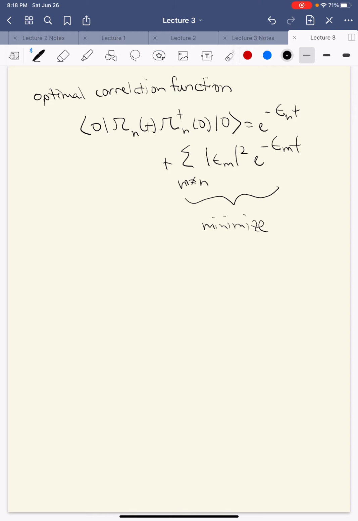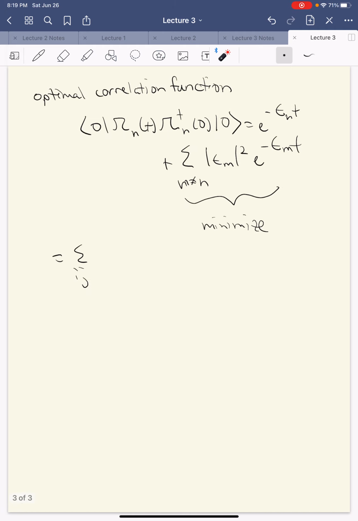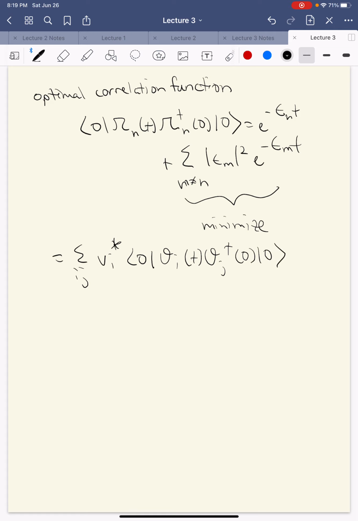And this I can write in terms of the weights. So remember I had these weights here, times my original operators. And this I'm going to define in terms of this matrix correlation function.